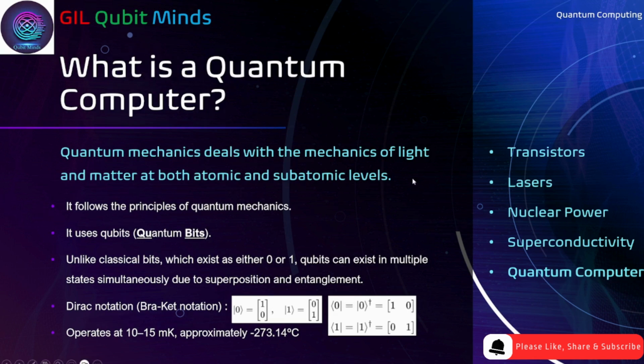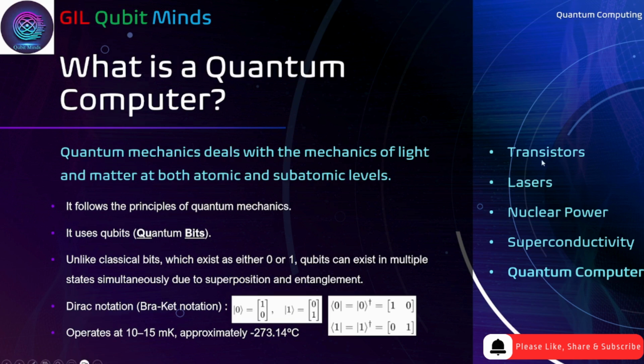We know that all the objects surrounding us every day follow the principles of physics. But when we go to the atomic and subatomic levels, it works differently. That working principle can be defined by quantum mechanics.